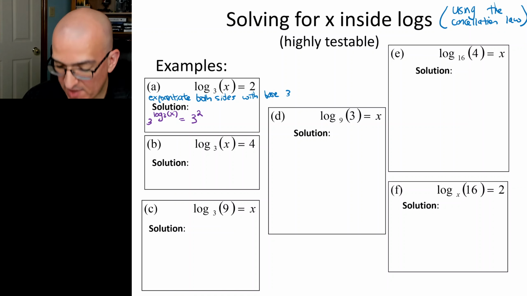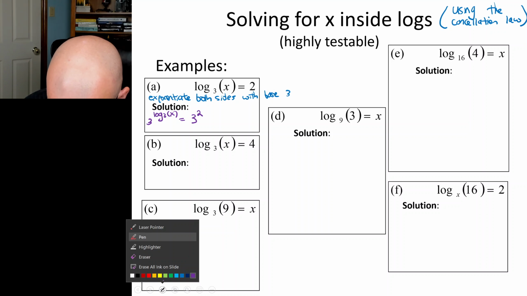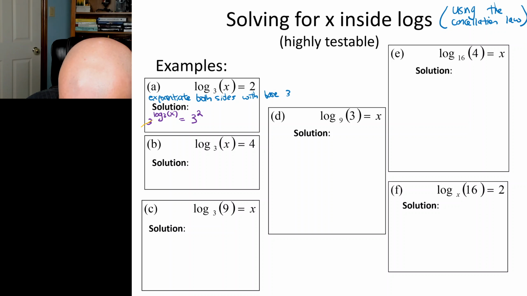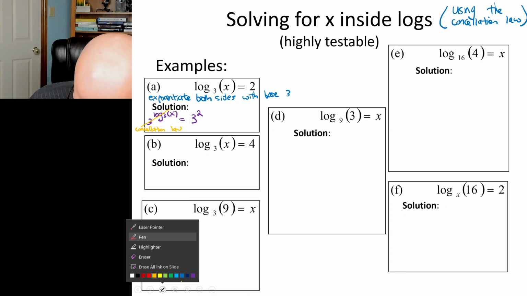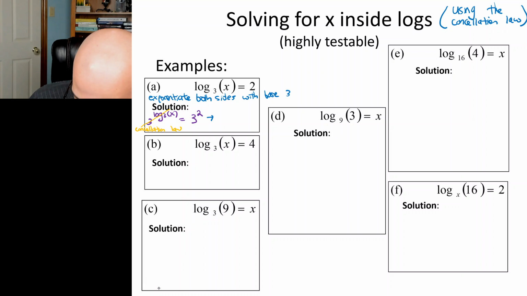And because I used a base of 3, we can use the cancellation law. And what that tells us is that all that's left is x is equal to 3 squared, which is 9.